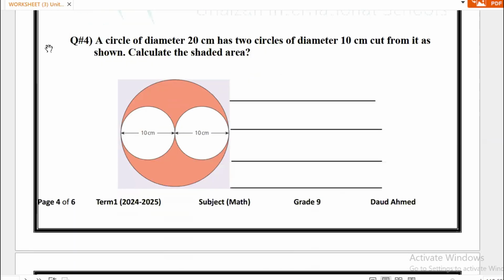So next question is 4. Here, a circle of diameter 20 centimeter has two circles of diameter 10 cut from it as shown. Calculate the shaded area.